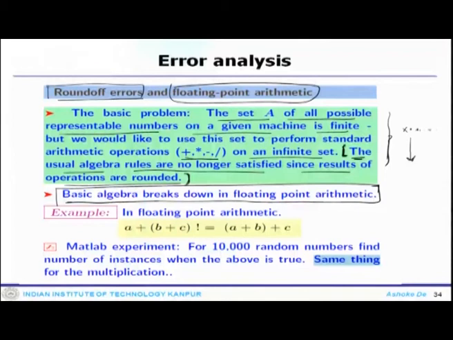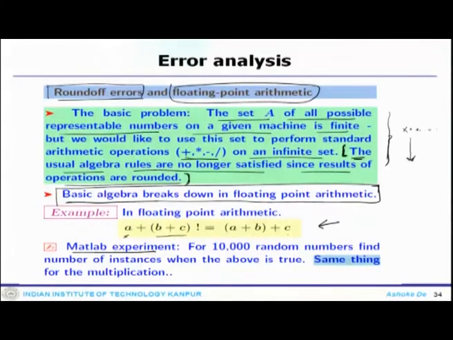So, in floating point arithmetic, for example, what happens if you have a number a and you do b plus c and then a plus b plus c? This is where the problem starts appearing, in all your numerical systems where you are doing some sort of addition, division, gradient calculations and all the different calculations associated with the system. In MATLAB one can do some experiments.